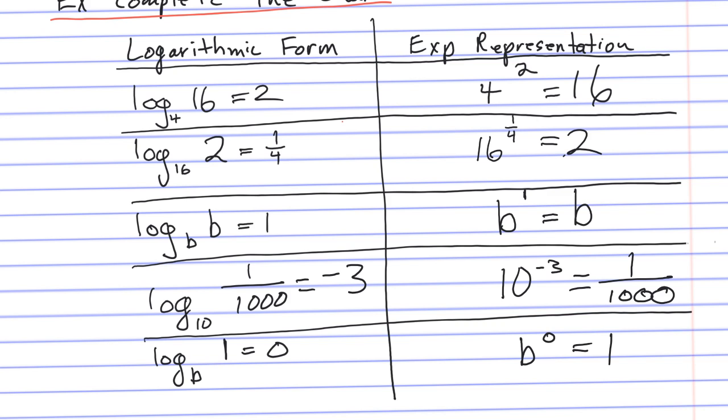So let's go back to the 16 problem. For the 16, the 4 represented the base of our problem, the 16 represented the result, and finally this 2 represented the exponent that was attached to its base.